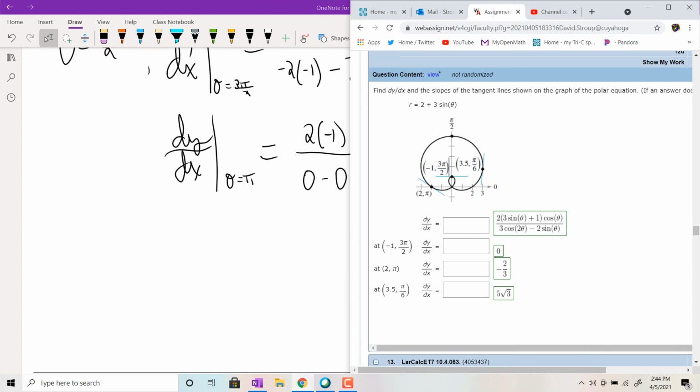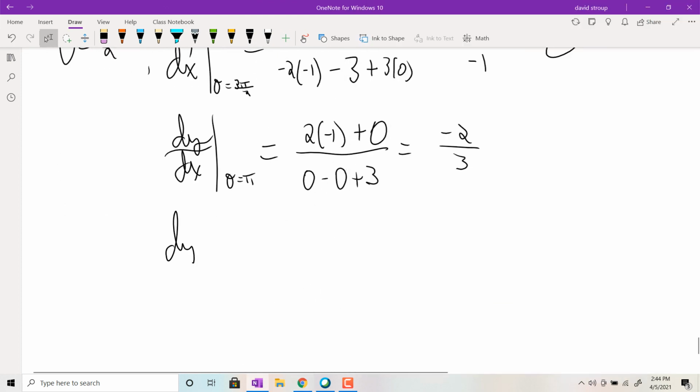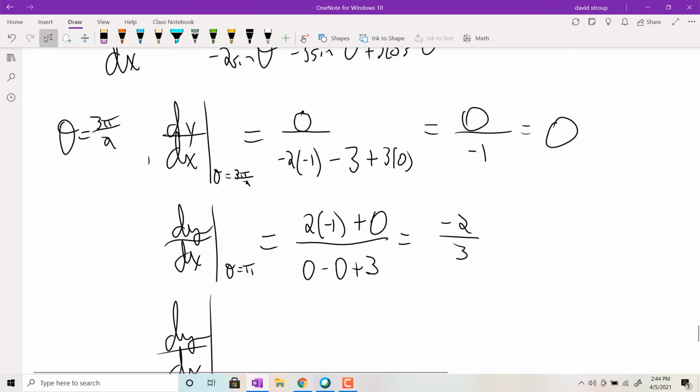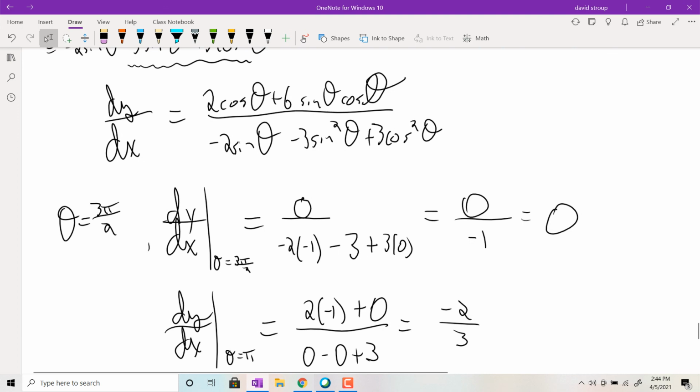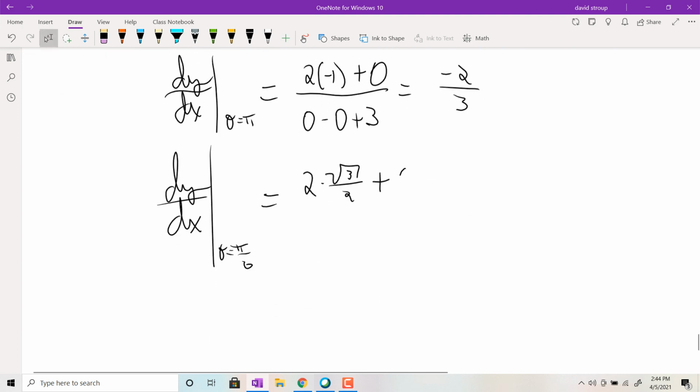The last one, they want pi over 6. That will be a lot more work. 2 cosine. So cosine of pi over 6 is radical 3 over 2. And then plus 6 times the sine, which is 1/2, times cosine, which is radical 3 over 2.